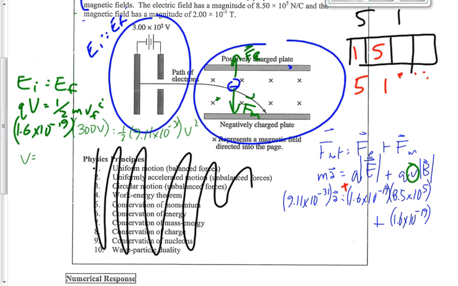Okay, those students are a little faster than I would predict. Before you develop, I'm going to take that number and plug it in here.